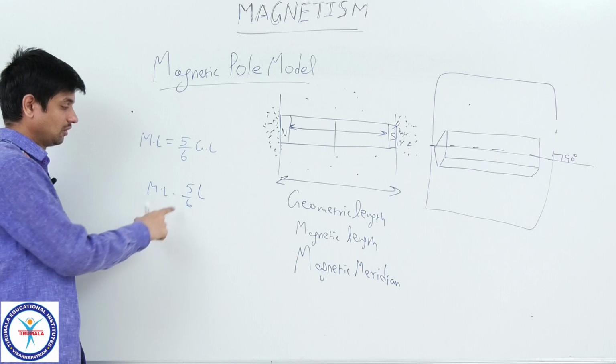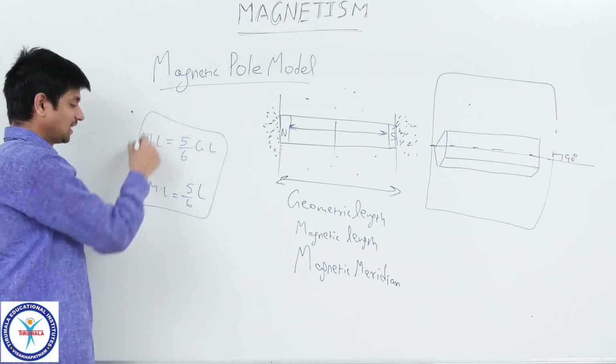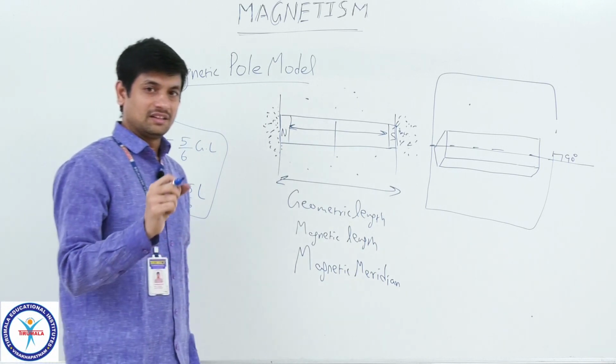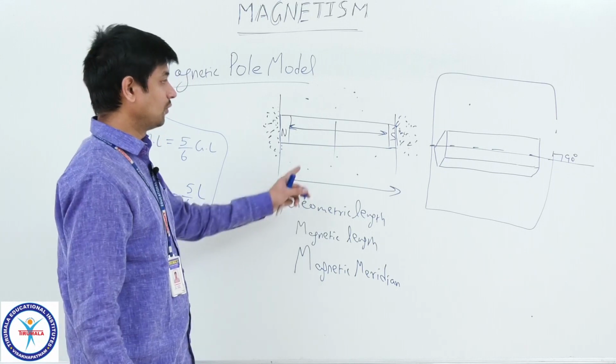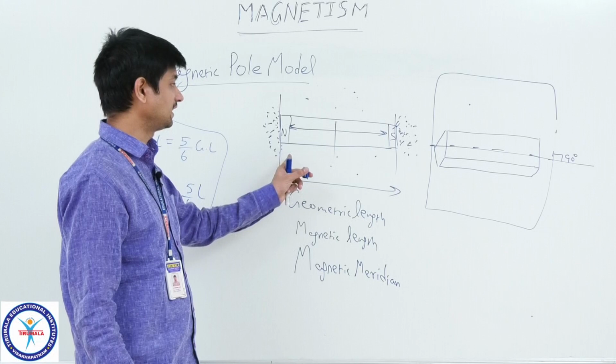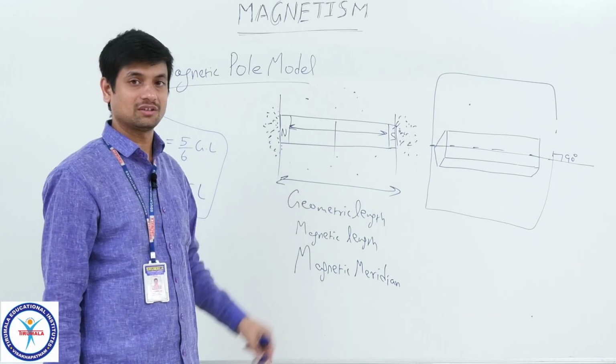ML equals 5/6 into L. So, these factors were required during those days. Why? Because magnetism can be easily observable for this long type of structure, where you can identify the magnetic effect mostly at the ends of that bar magnet.